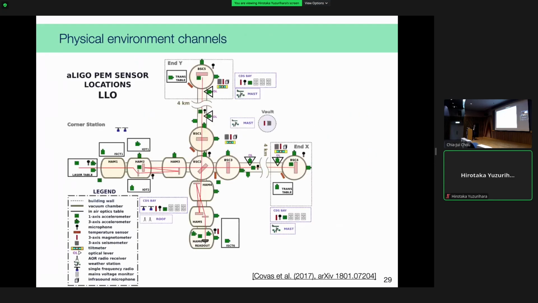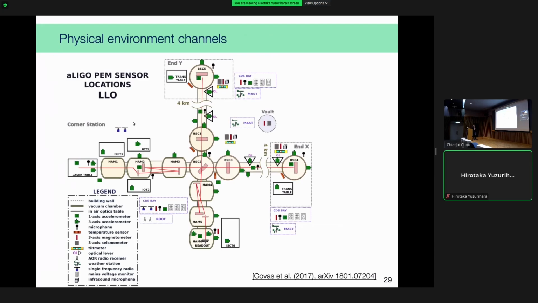So this is what I explained about physical environment channels. This is an example of the LIGO Livingston case. Actually, the mirror and laser are installed in the vacuum chambers, and at the same time, many physical environment sensors are installed at the site. This is common for LIGO Hanford and Virgo, KAGRA.